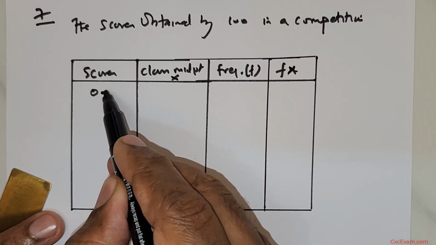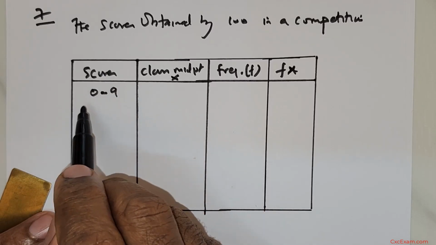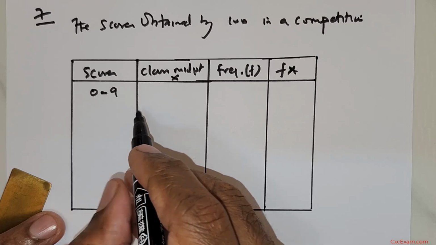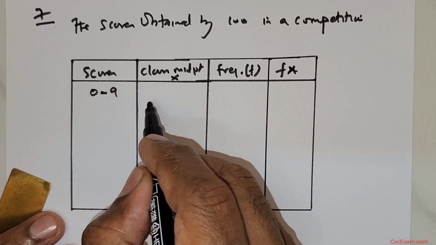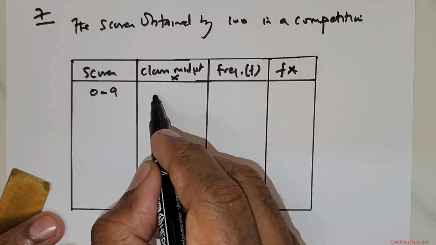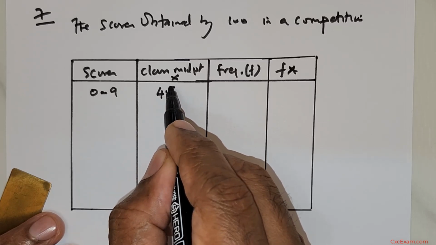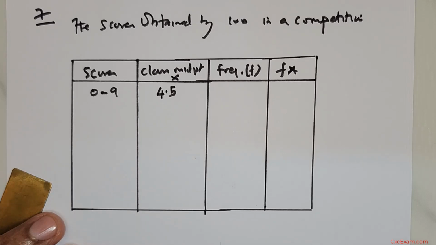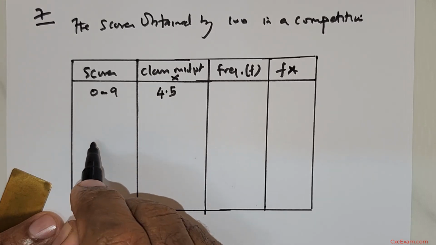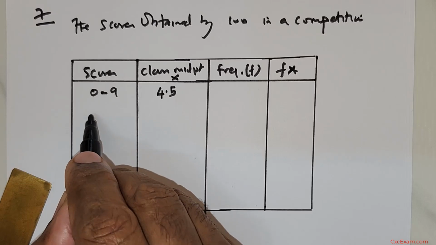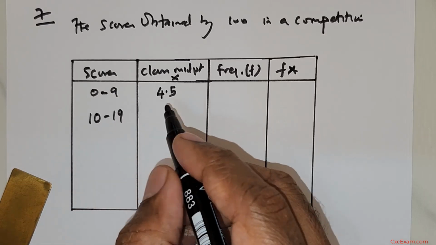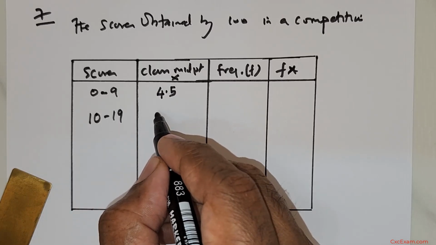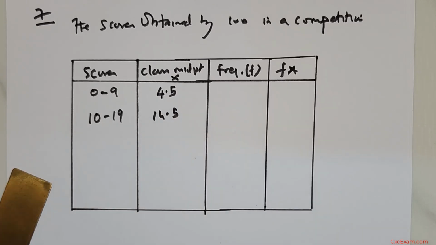So scores between 0 to 9, and we are getting the midpoint of the score, so 4.5. And scores between 10 to 19, 14.5.